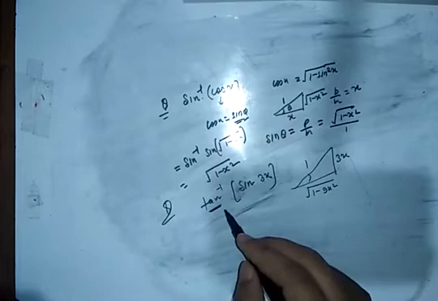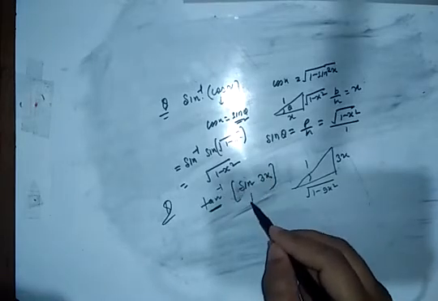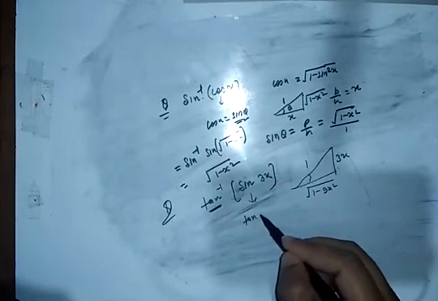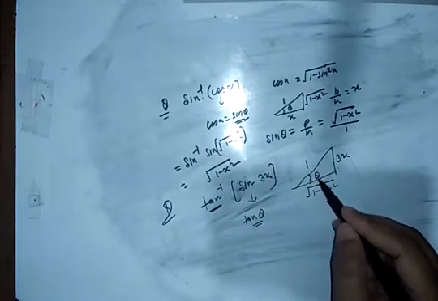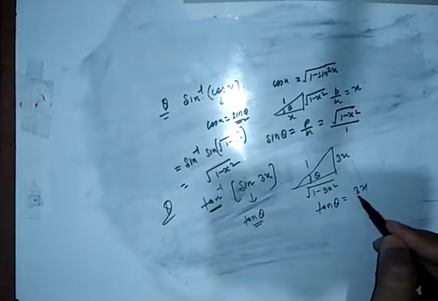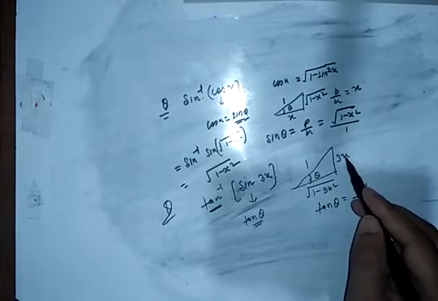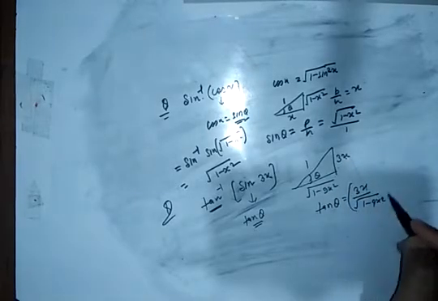This is the tan function, and the tan function is the inverse function. So we can substitute sine 3x in the function of tan theta. From this we can assume here tan theta is what? 3x by under root 1 minus 9x square, that is p by b.